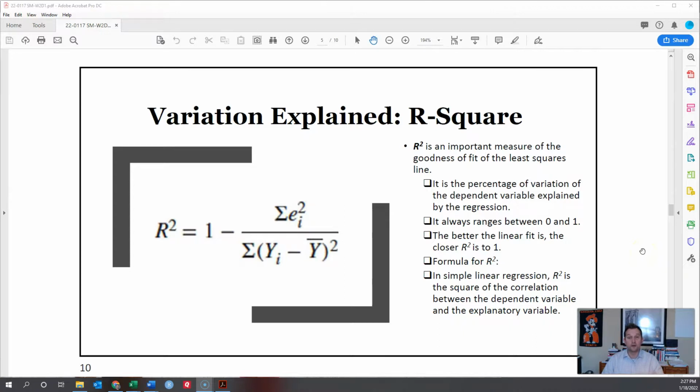So variation, or variance, is what we're looking for in the R-squared. This is where a student brought up the adjusted R-squared last class. We were going back and forth, and I brought up that the adjusted works to penalize variables that are maybe not a good fit with significance. However, most still use the R-squared, but the adjusted R-squared is a good indicator for variables that may not be adding much explanation to the variance, right?